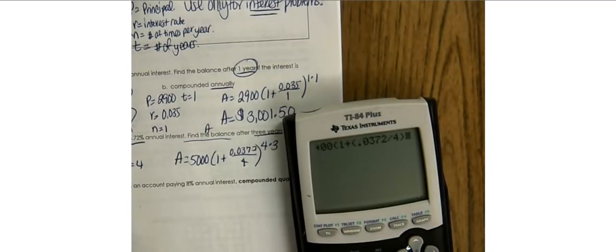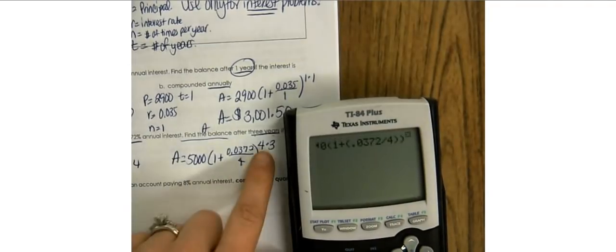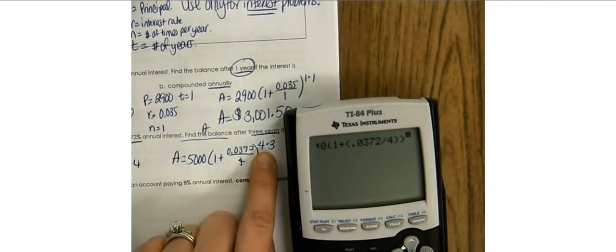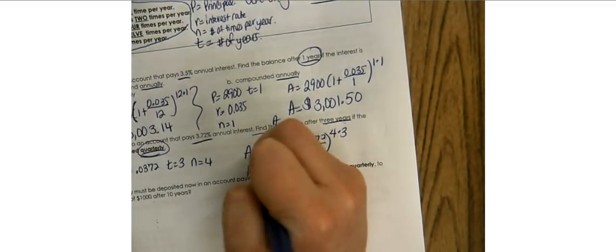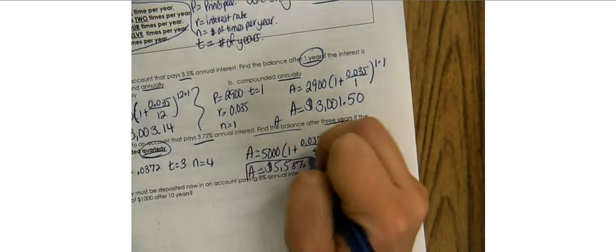Close the parenthesis, then close the parenthesis again. And I'm going to raise this. If you want to write 4 times 3, that's fine, but I know that 4 times 3 is 12. I'm going to press enter, and I end up with $5,587.45. And that is our final amount.